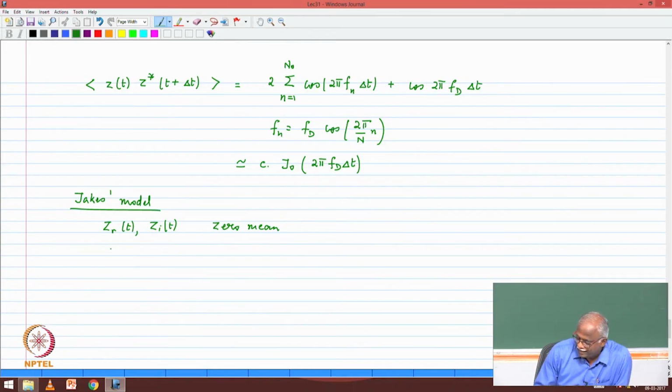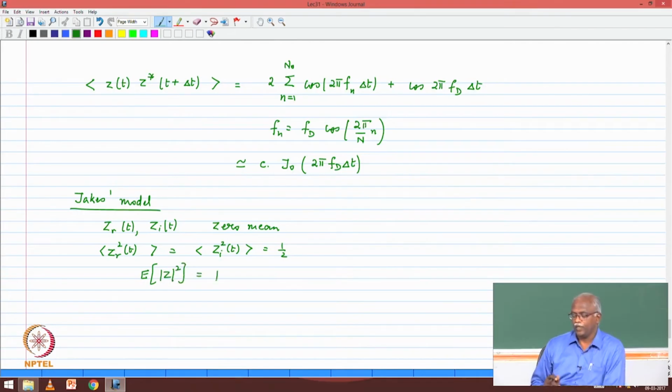So the time average of Zr squared of t is equal to the time average of Zi squared of t, equal to 1/2. If I write down the expected value of mod z squared, this comes out to be equal to 1, so it's got the correct variance that we want.